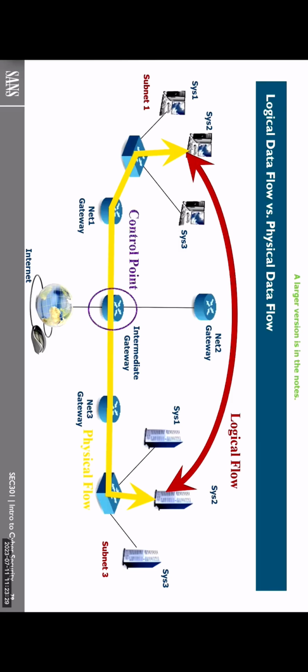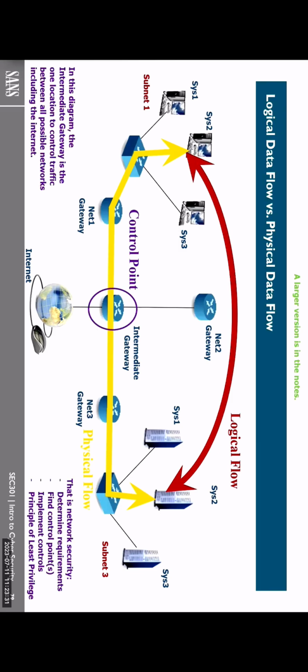Now, let's talk about that intermediate. That intermediate was a decision point where, based on the information in that packet, its destination address, that control point had a list of other networks on its networking device that basically said, well, for subnet 1 addresses, I send them out one of the interfaces.